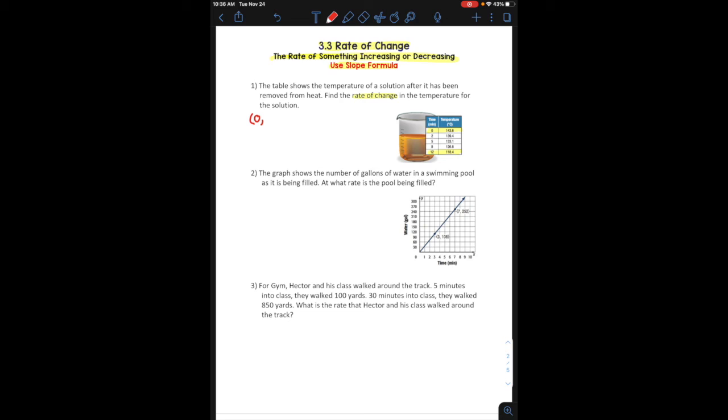The first ordered pair is 0, 143.6, and the second ordered pair would be 12, 118.4. Let's go ahead and notate what our x1, y1 and our x2, y2 will be. Since my first ordered pair is 0, 143.6, this will be my x1, y1. And the second pair I listed will be my x2, y2.